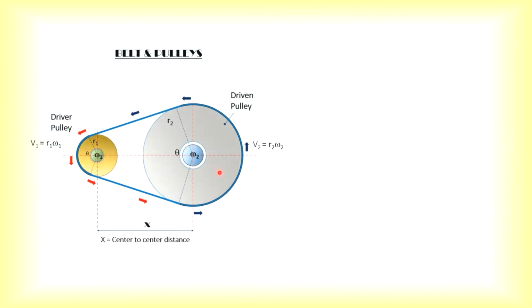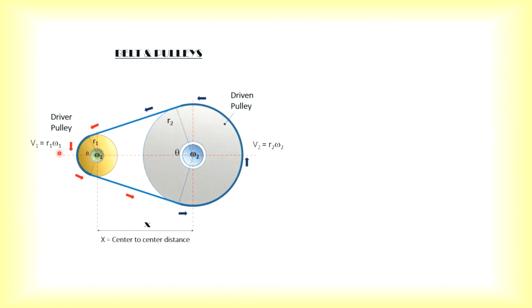So when we refer to the belt here, which runs over the pulleys, when the pulleys rotate at different speeds, let's say omega 1 with the smaller pulley and omega 2 with the larger pulley, we have belt speed. This belt speed is actually the tangential speed of the belt.